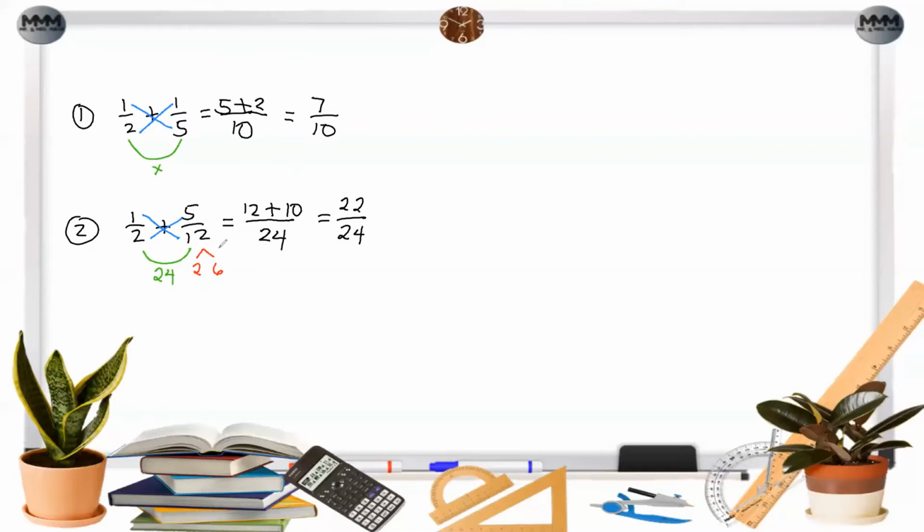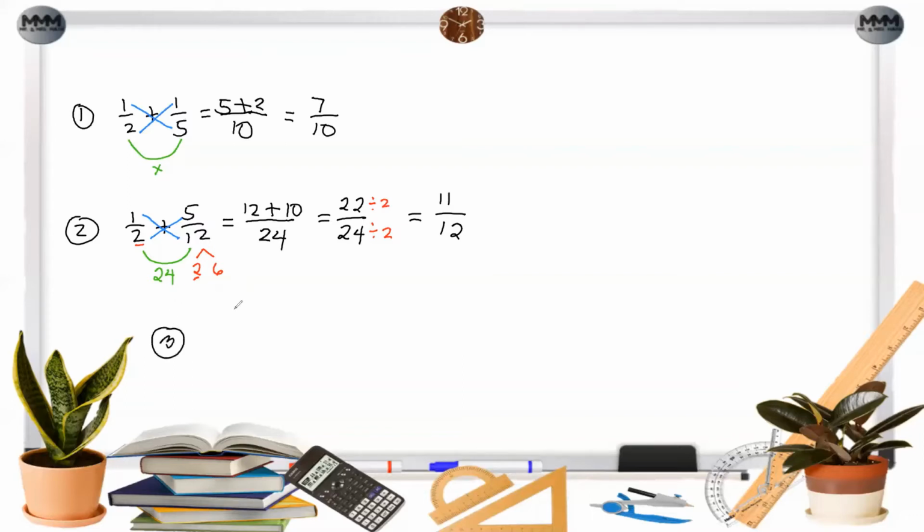So, in that case, we are going to simplify our answer. Since ito yung common ng dalawang denominators, we divide both parts by 2. So 22 divided by 2 is 11, over 24 divided by 2 is 12. So this is the answer to our second example.